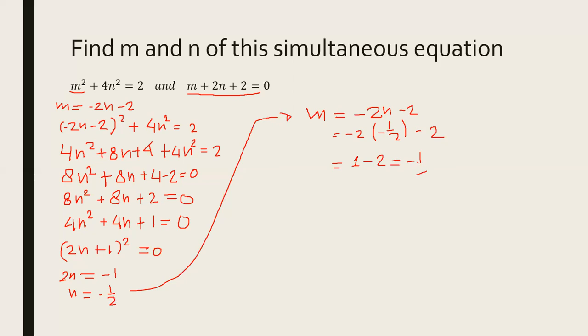Yes, negative 2 times a half becomes positive 1, and positive 1 minus 2 equals negative 1. All right.